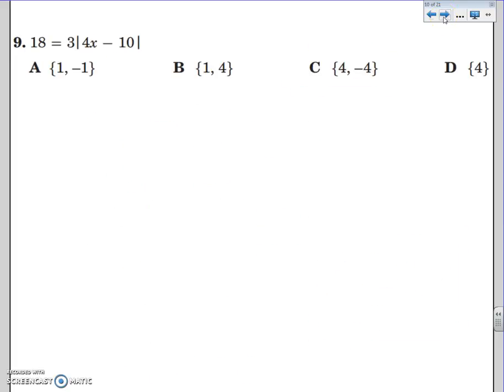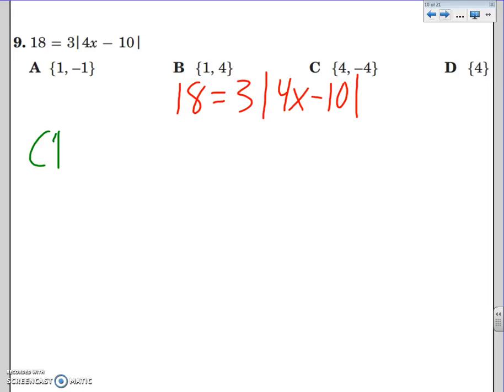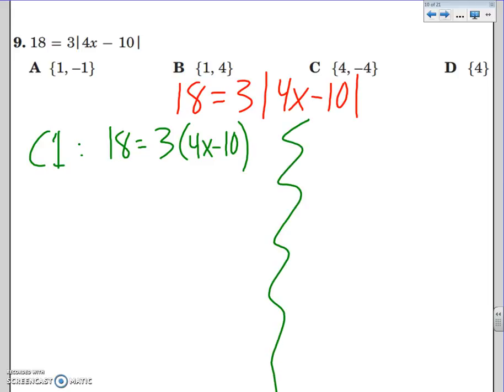9. Absolute value. When I see absolute value, I need to think of two cases. Alright. Case 1 is the positive case. So I'll just turn it to parentheses and solve like normal. Case 2 is the negative case. Negative 3.